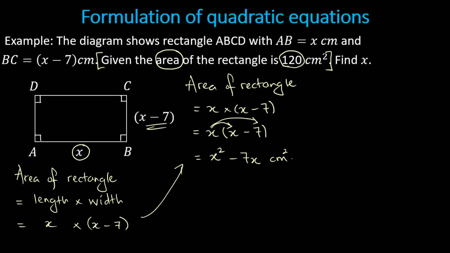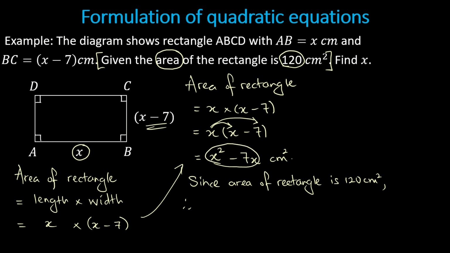So we say that since the area of the rectangle is 120 centimeters squared, therefore our area that we have got, x squared minus 7x, it's for the same rectangle, and this area must be equal to 120, right? So we have got a quadratic equation now.